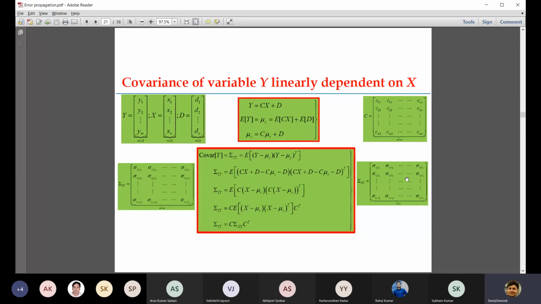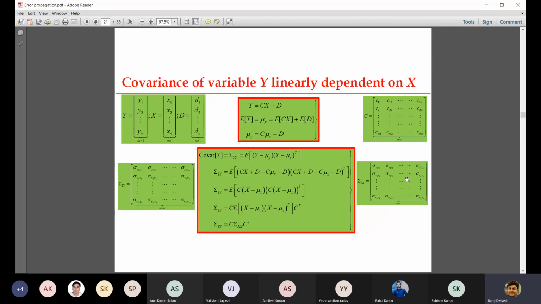From this slide, in fact the slide in front of you, it's very clear that if a function is written like y is equal to cx plus d, then sigma yy would be c sigma xx c transpose. Okay. So first you need to form y is equal to cx. If it is formed, then you can easily compute sigma yy is equal to c sigma xx c transpose.